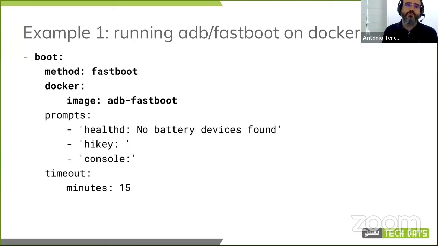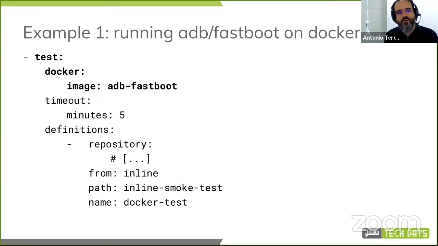Then to boot the device, again, same thing, you just specify a Docker image, and then the fastboot boot method for Lava will just run fastboot inside Docker, and it will just work. And for testing, also you just add the Docker image declaration, and then you have your usual test definition for Lava. The only difference here is that this test definition will run inside the Docker container and not inside the device under test.